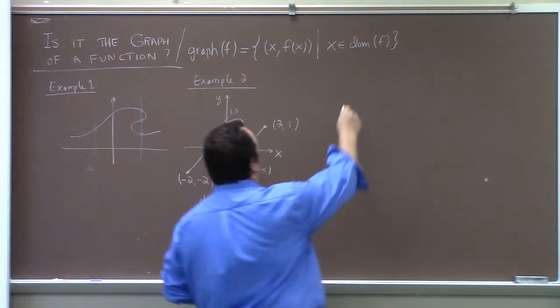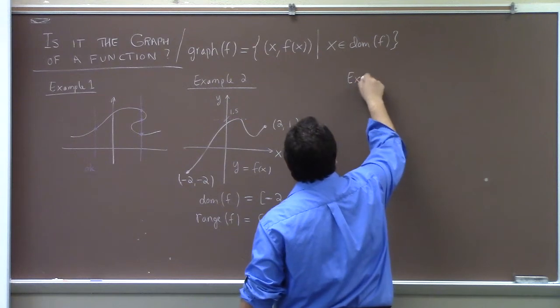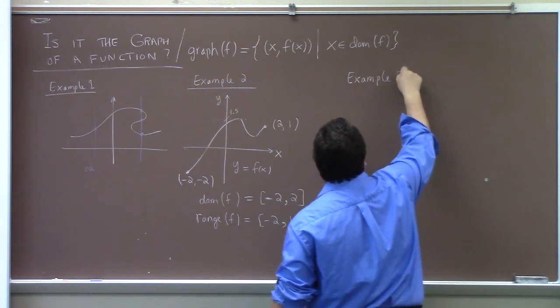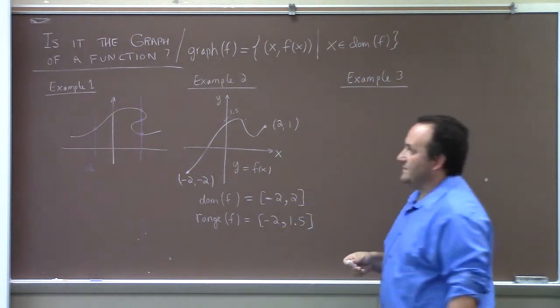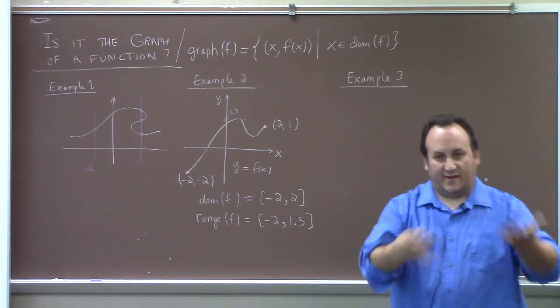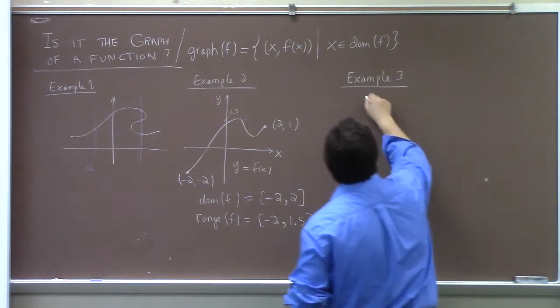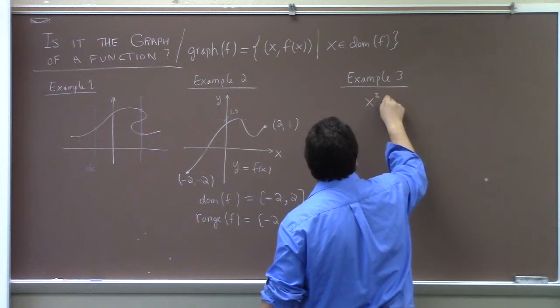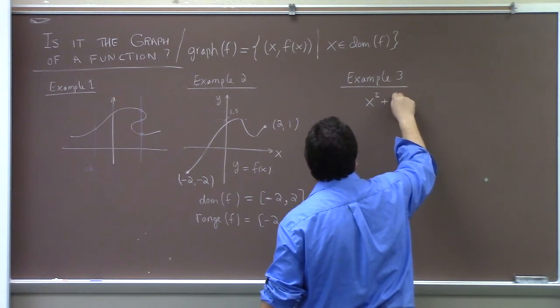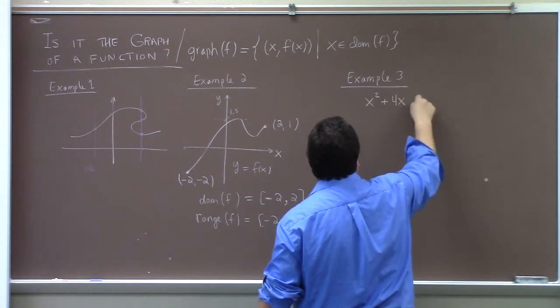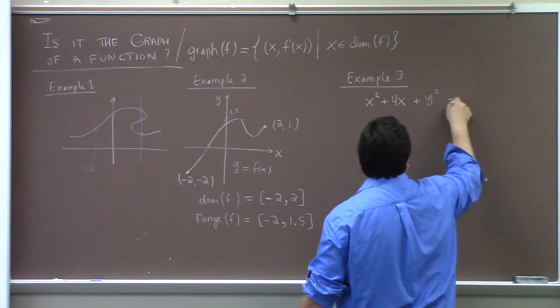Example 3. So sometimes we're not given a graph. We have to make a graph, right? So like we could look at the solution of x squared plus 4x plus y squared equal to 0.